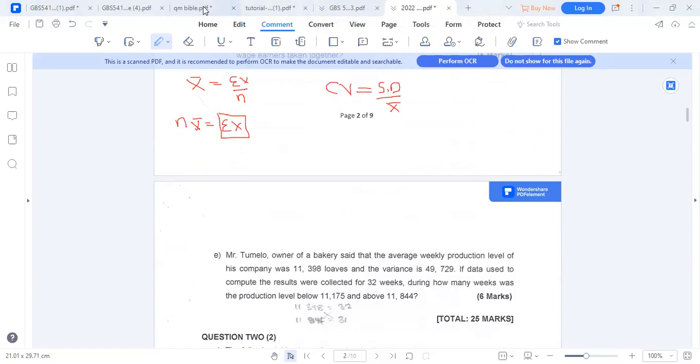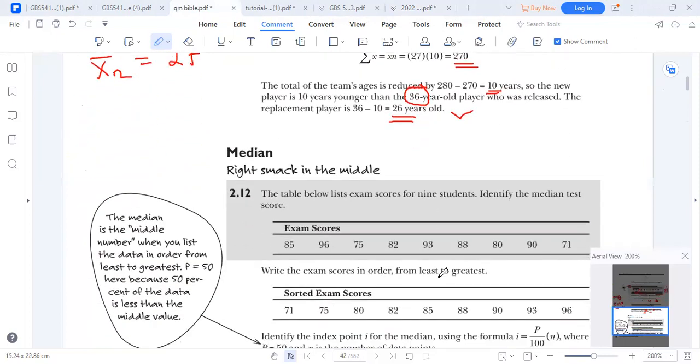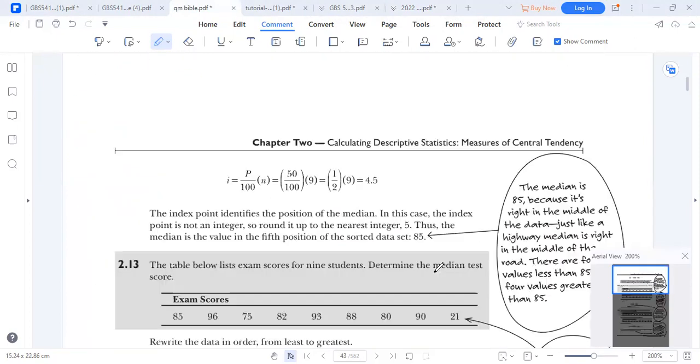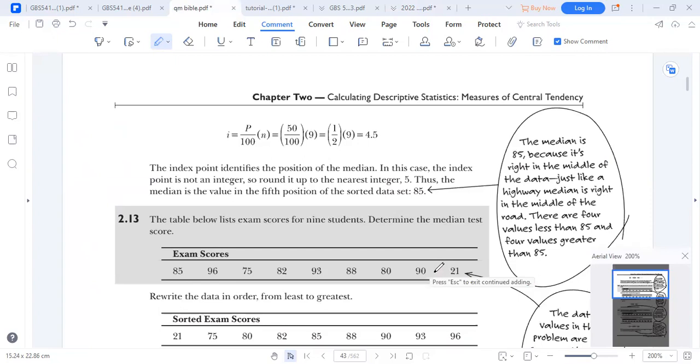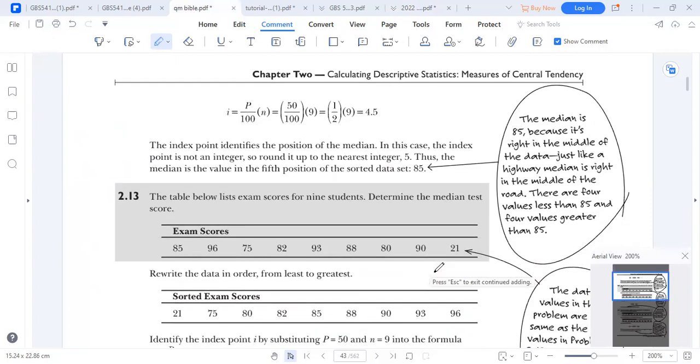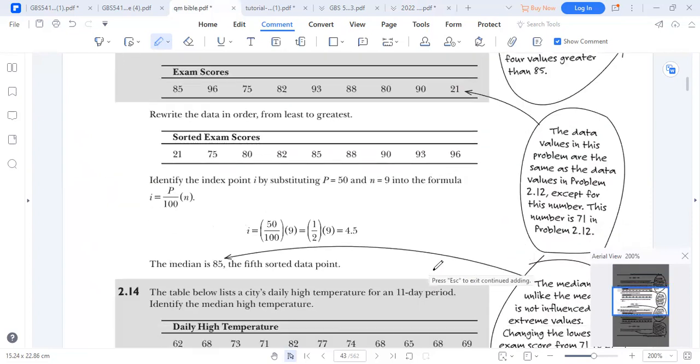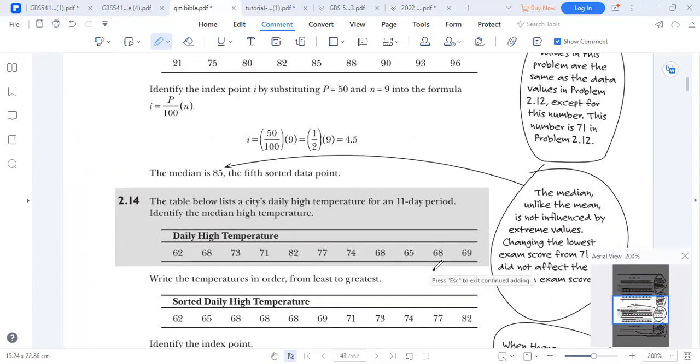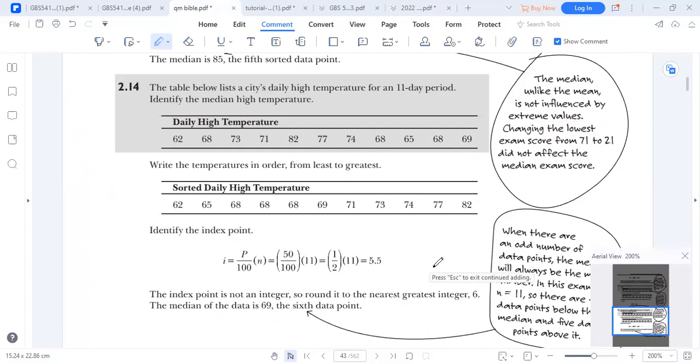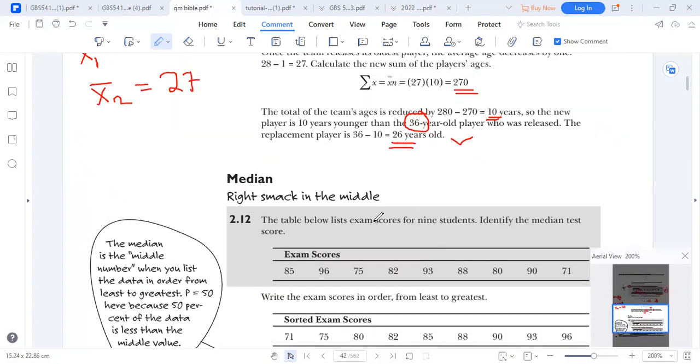So I've explained these figures. Now I want us to go to identifying the quartiles, the positions. So how do we identify the median?